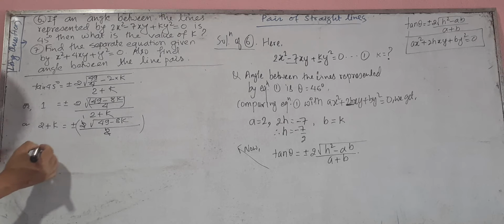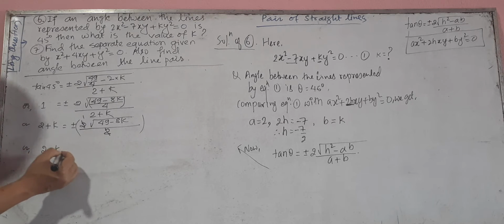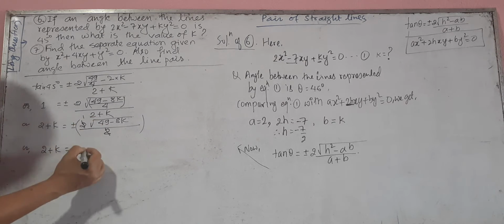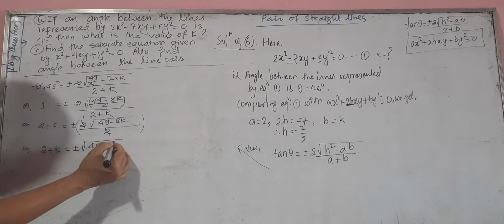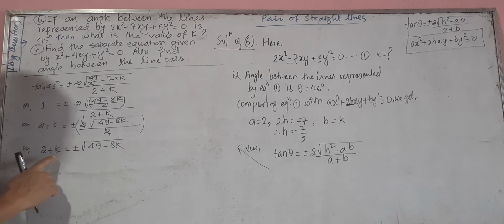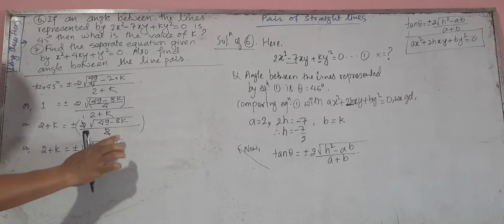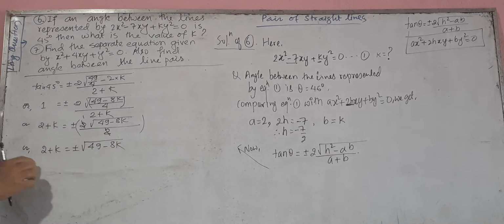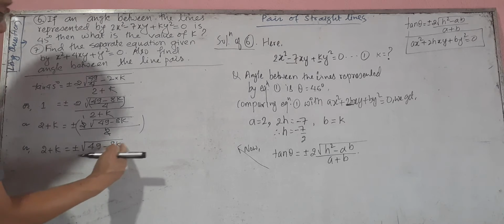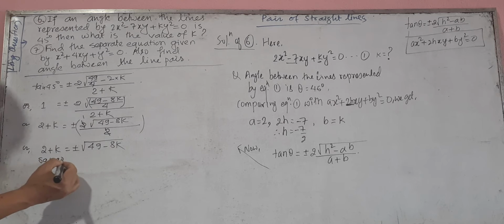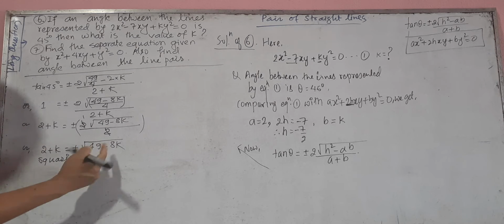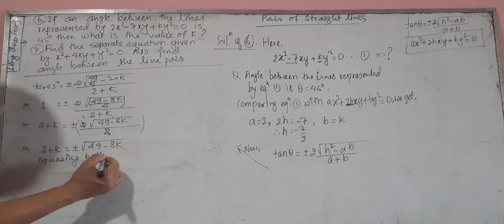So we have 2 plus k equals plus minus root over 49 minus 8k. Since we have to find the value of k, we have to eliminate the square root sign, so we square both sides.